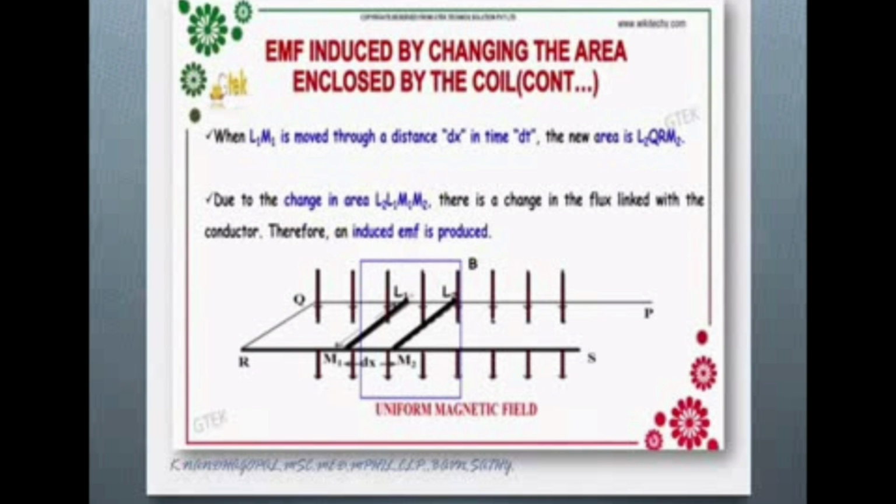The initial area is very small, and now we are increasing it. We are not going to change the magnetic induction, the number of turns, or the angle cos theta. Only the area is changing, so dA by dt, with N, B, and cos theta constant.